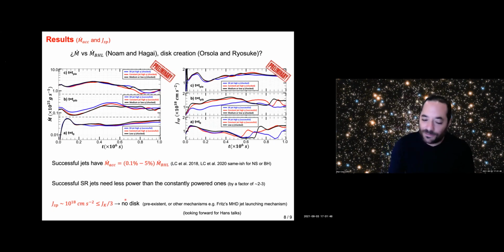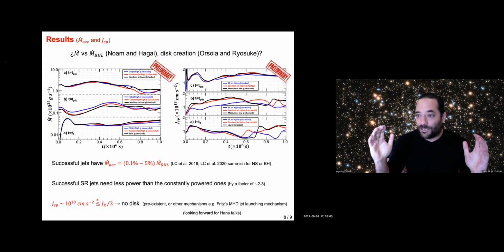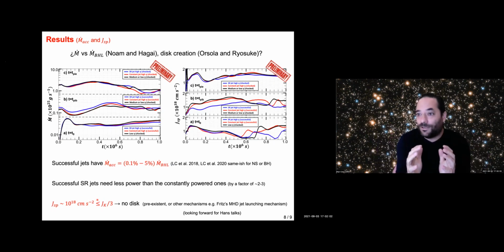And actually, it's very difficult to form a disk because our inner boundary is only around 3 times the size of the main sequence star. So to carry that accretion flow from our inner boundary to the surface of the main sequence star is really, really difficult.